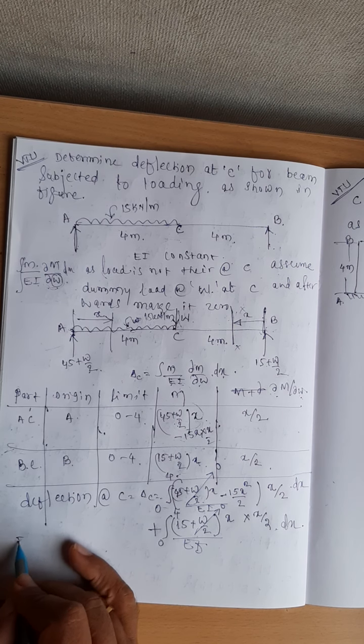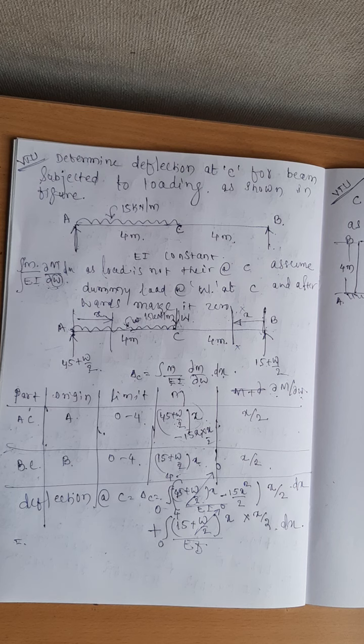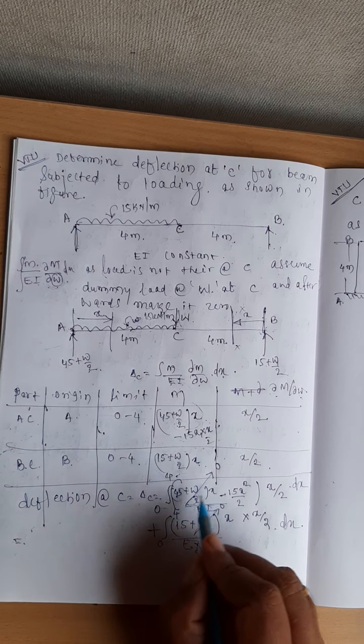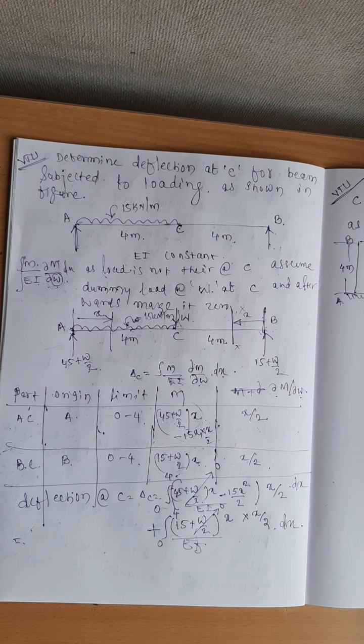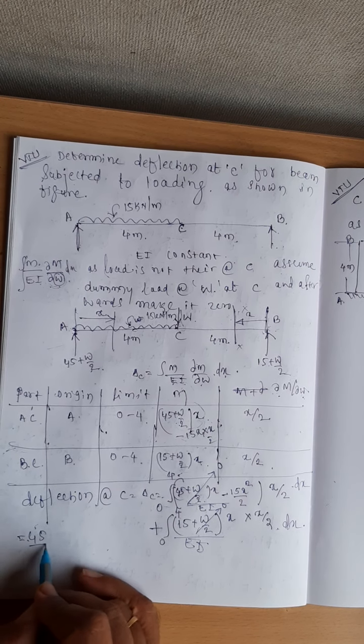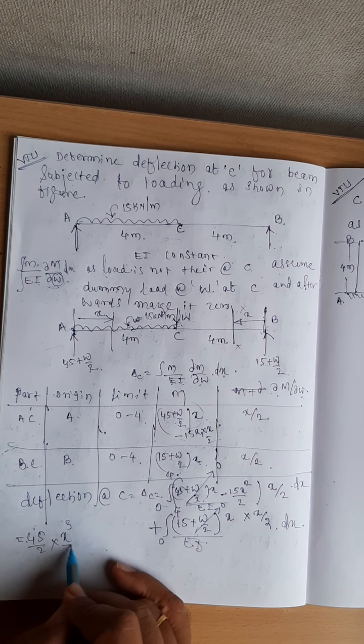Therefore, your final equation will become 45 by 2, simplify it, you are going to get 45 by 2 into X cube divided by 3.